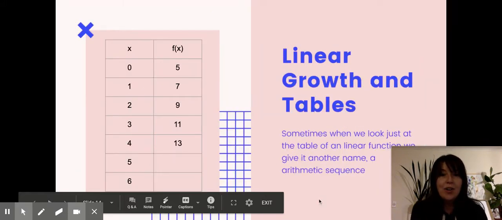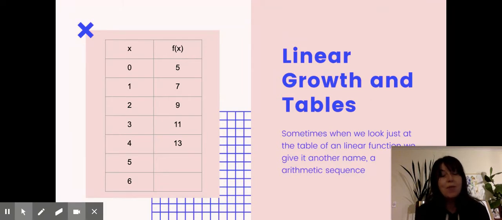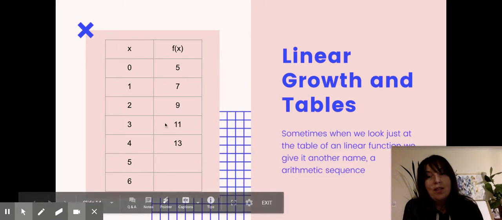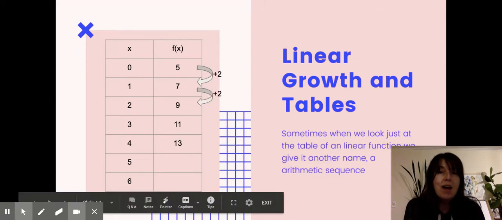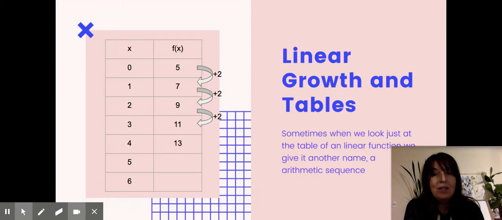Now, linear growth tables, like if we were to think about a line in a table, we notice here we're going down 0, 1, 2, 3, 4. So that will be the same. But as we look at this, we might notice, oh, every time I go down 1, I'm adding 2, plus 2, plus 2, plus 2. So what could we predict?